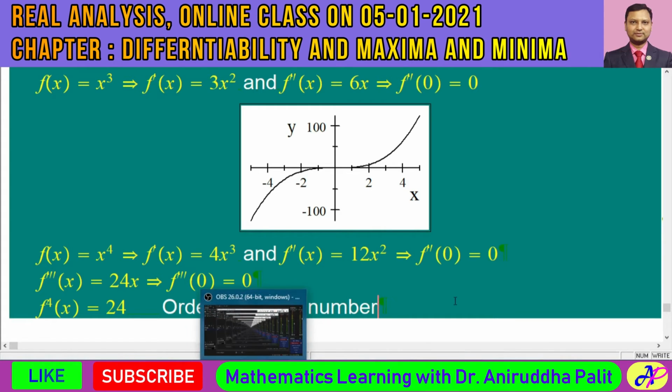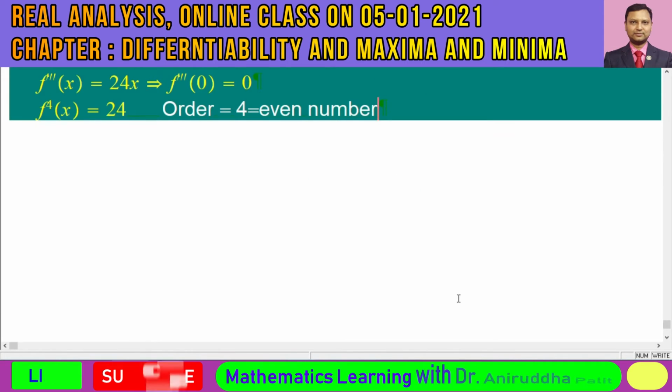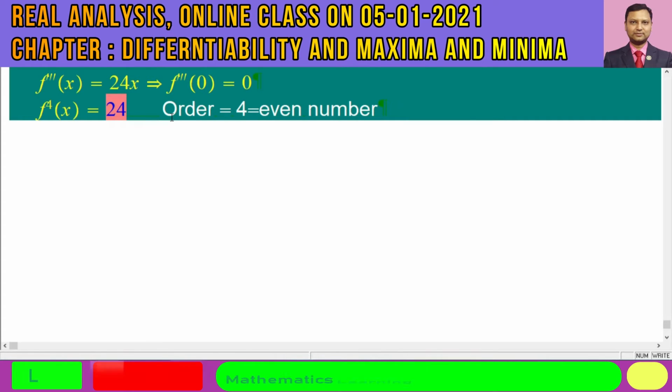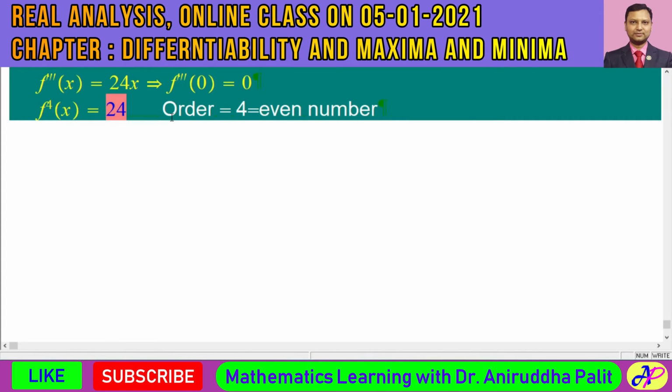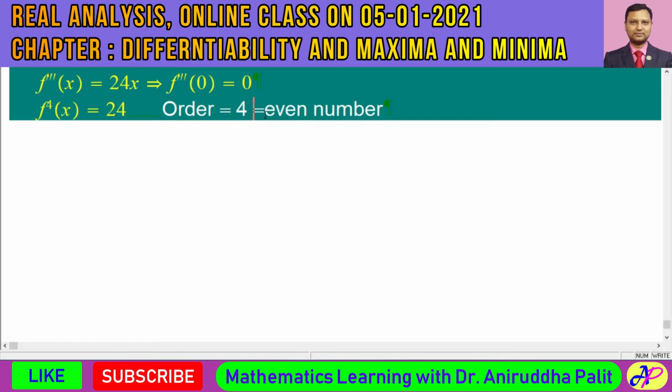How to make the conclusion? If this first non-vanishing derivative is negative, then it would have a maximum value, and if it is positive, then it would have the minimum value. Over here, the order of this first non-vanishing derivative is equal to 4.